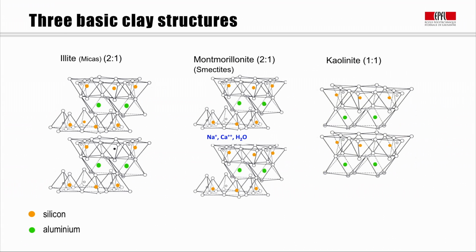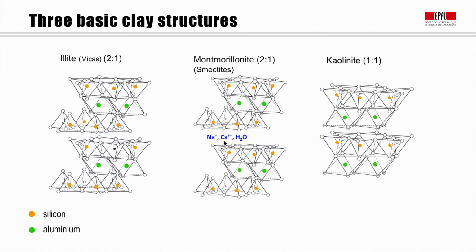Now, the two materials on the left here, the illites and the montmorillonites, are what's called 2-to-1 clays. And what this means is that we have two silicate layers here and here, which sandwich the aluminium layer in the middle. And the difference between illite and montmorillonite is mainly in terms of the ions that are found between the layers.